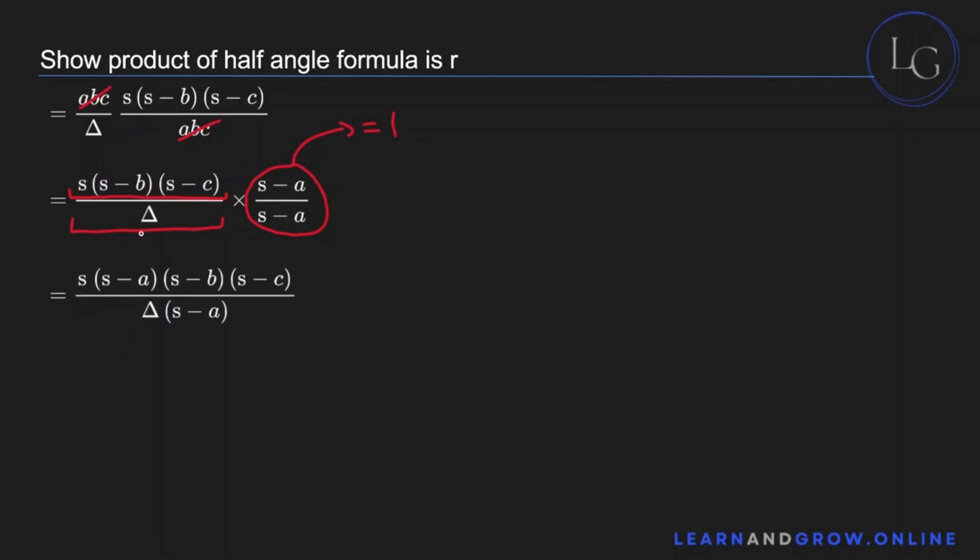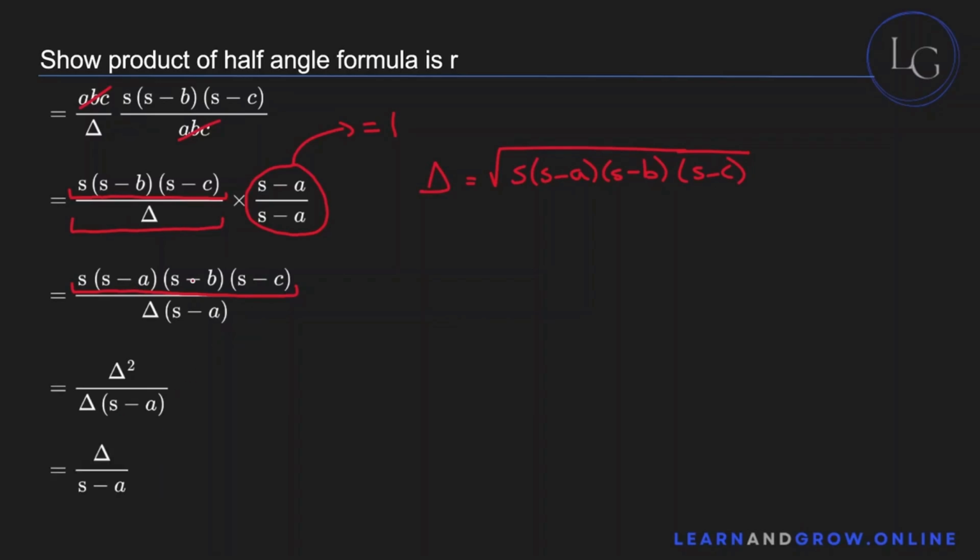Now that you have this, once you apply the Heron's formula on this numerator, if you remember, the Heron's formula states that the area of the triangle is equal to under root S into S minus A into S minus B into S minus C, right? So basically this numerator is equal to the area of the triangle whole square, right? So you have this expression.